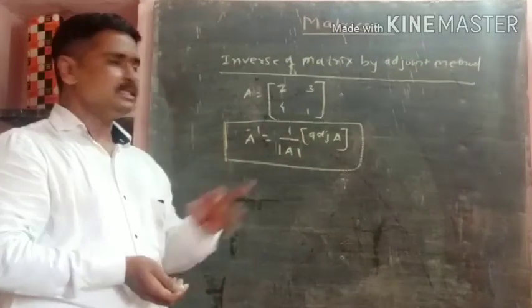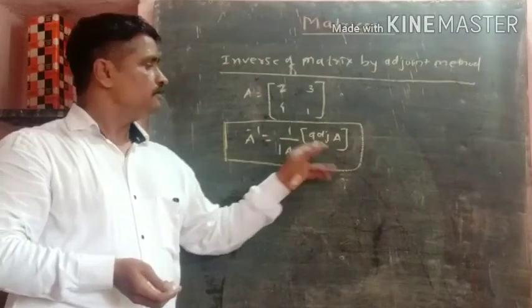So it is the procedure to find the adjoint of A.